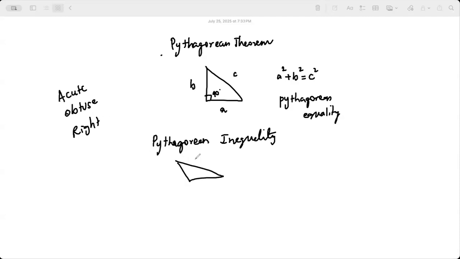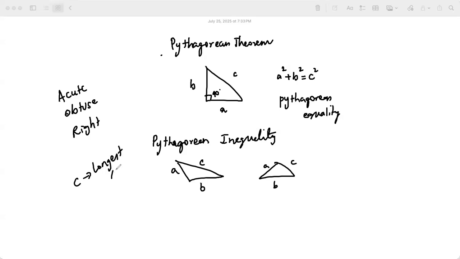Now consider this is side A, B, C. Considering C as the longest side of the given three sides, the Pythagorean theorem or Pythagorean equality talks about an equation. This determines a right triangle. With this, we can say the triangle is a right triangle.